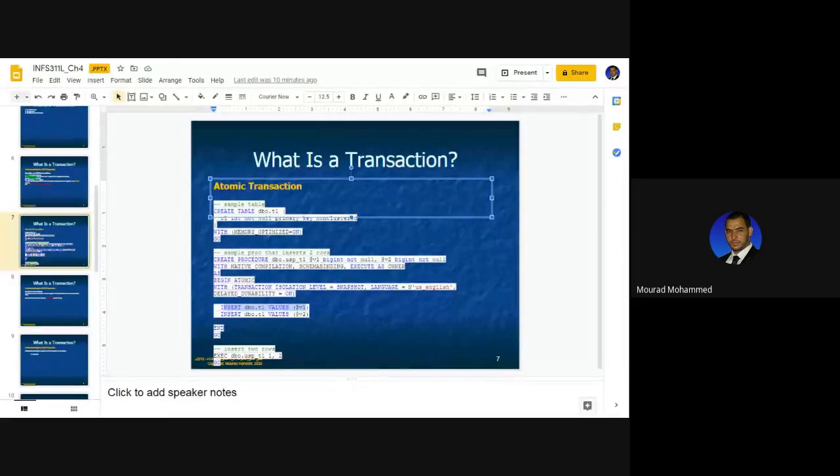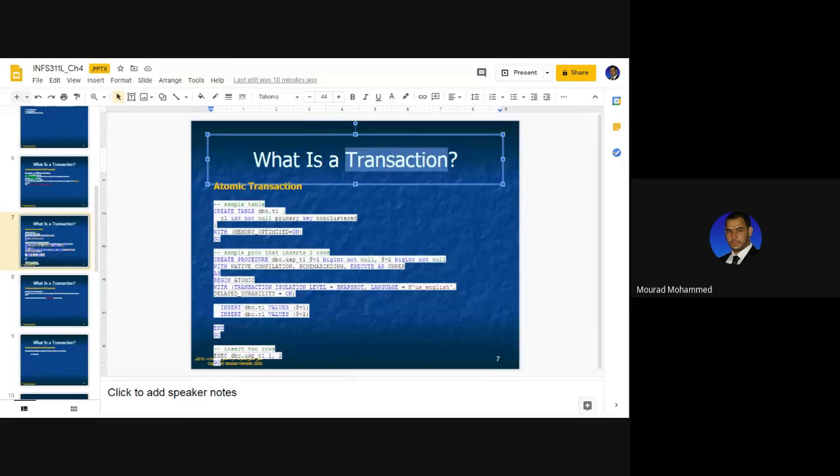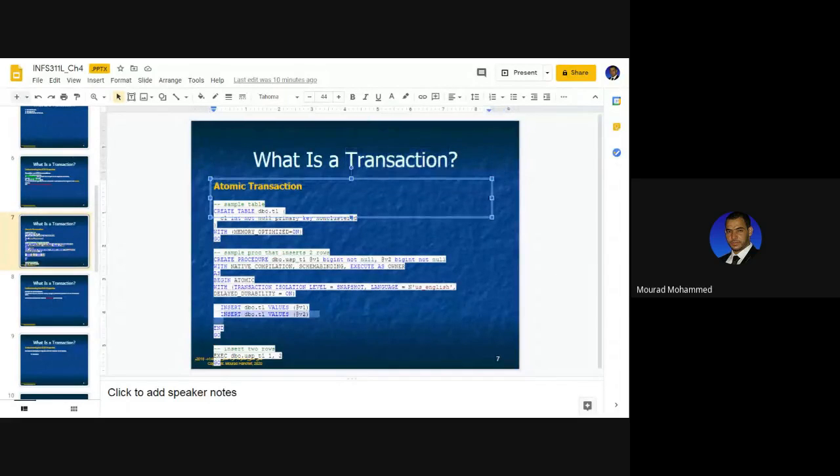Actually, it's not that we cannot, but the computer does not have to execute the first one. It stops and passes to another transaction, transaction 2, transaction 3, and so on, and comes back to execute the second insert.